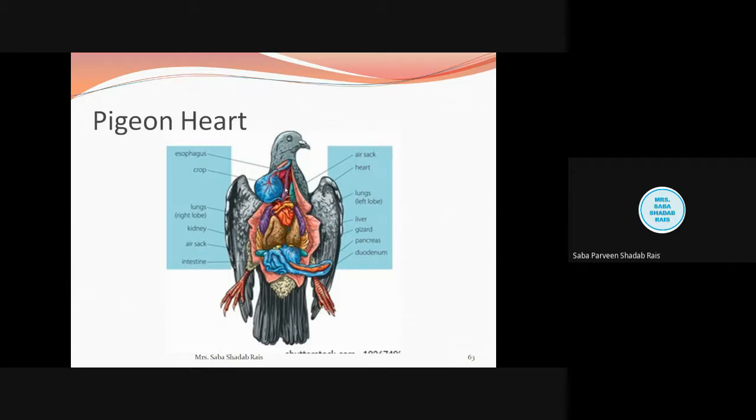It was the supportive chamber of the atrium, right? It was collecting the blood. But now the heart is properly four-chambered, so these accessory chambers are not required. All these chambers are incorporated into the right auricle only, right? In the last lecture I taught you this particular concept.